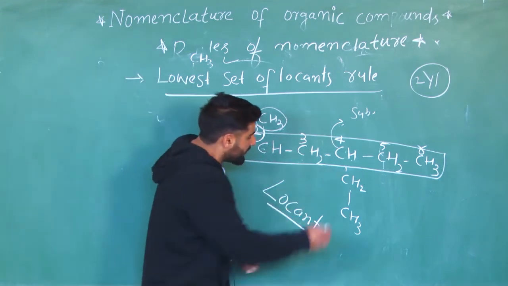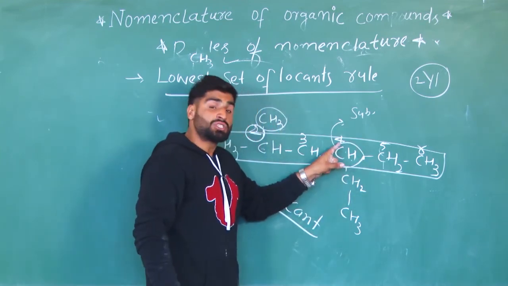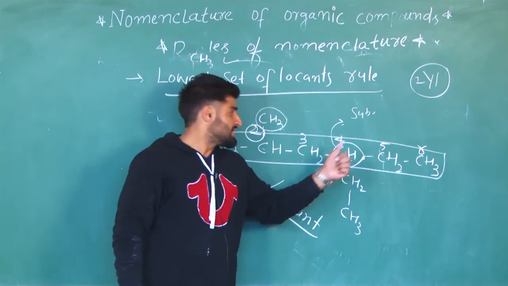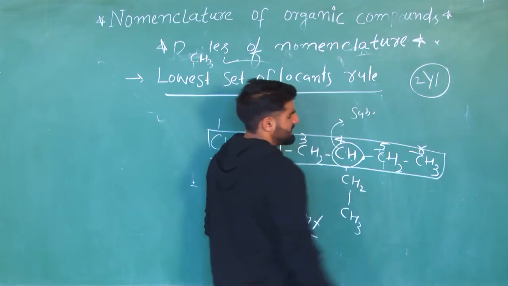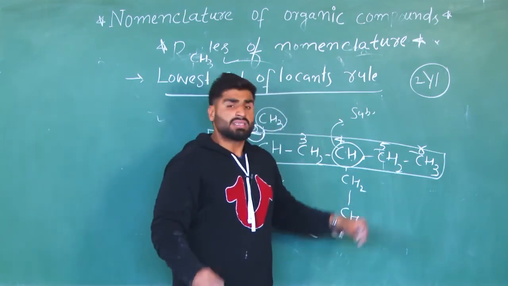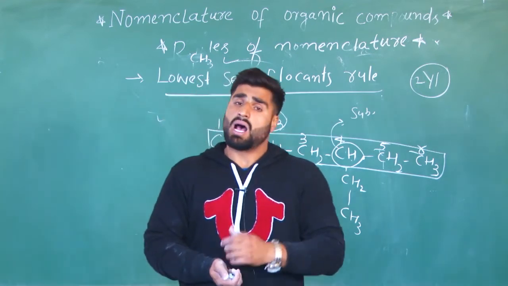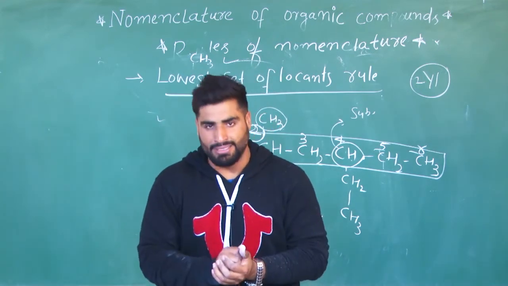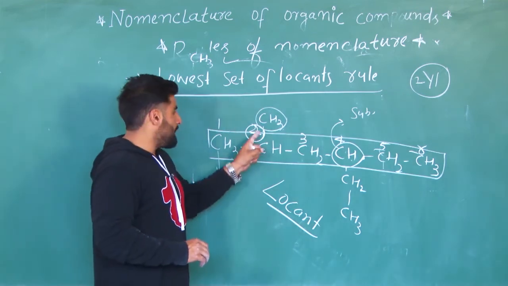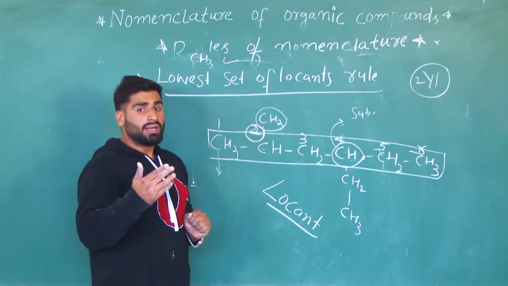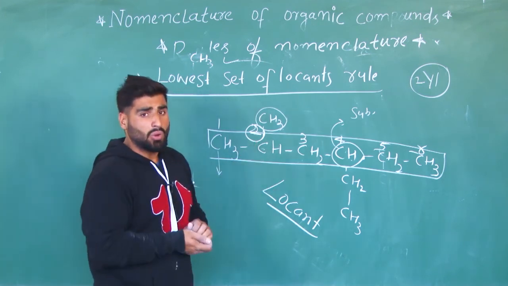This is a substituted carbon, and the number on the substituted carbon is its locant. So the locant is 4. I can't say these are locants because they are not substituted carbons; they do not have a side chain or substituent on them. So the number indicated on the substituted carbon is known as the locant.